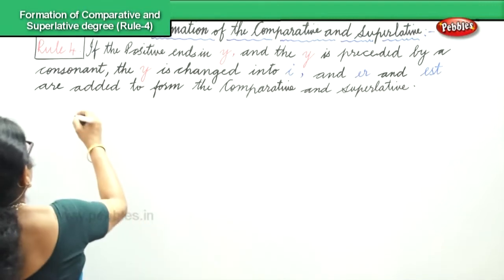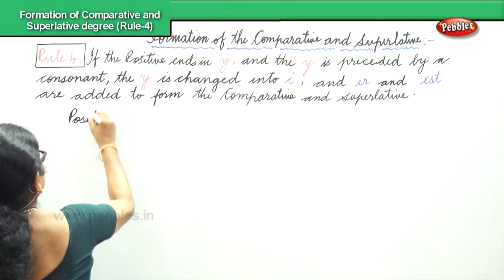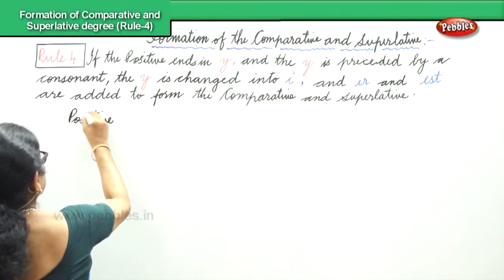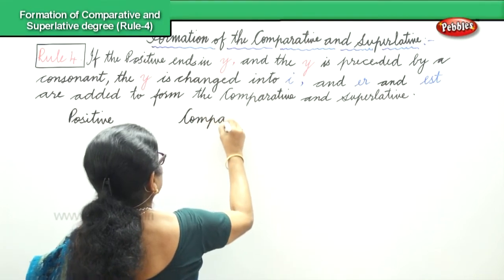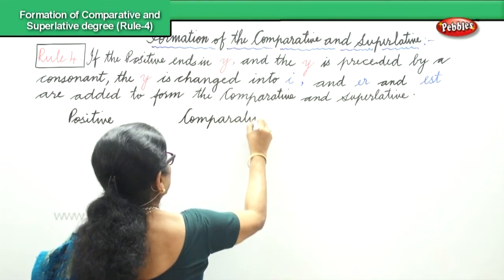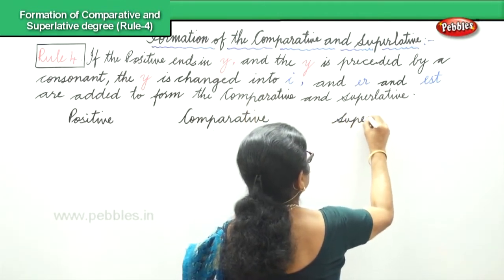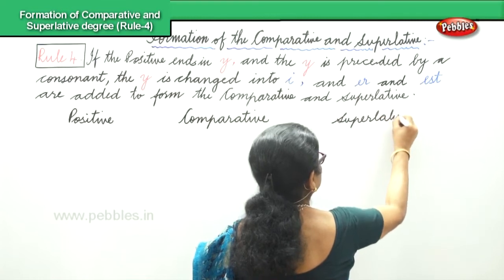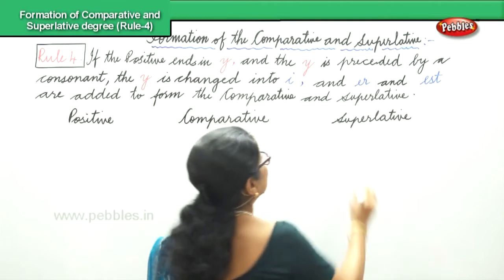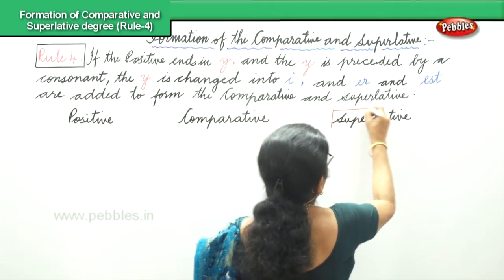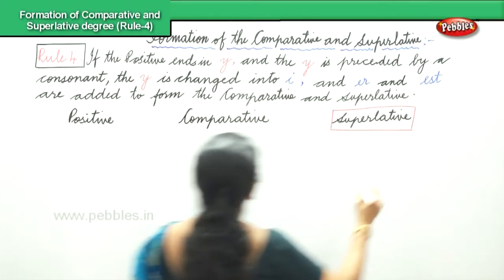Now, positive, comparative, superlative. So now we're going to look at how the 3 degrees are formed in adjectives in rule number 4.